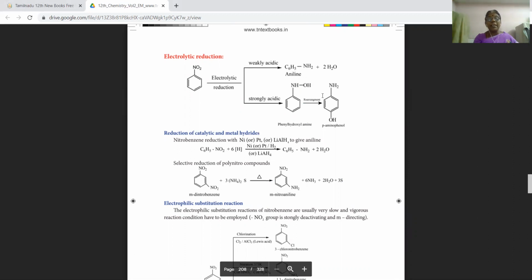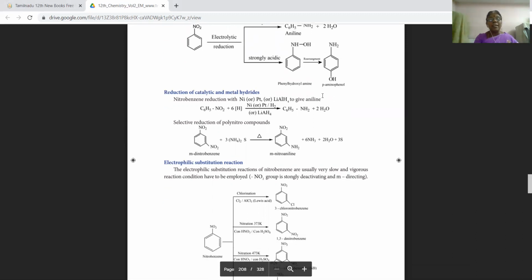Selective reduction of polynitro compounds. Suppose you are taking meta-dinitrobenzene, if it is treated with (NH4)2S, then you will get meta-nitroaniline, that is NO2, and at the alternate position we get the NH2, along with ammonia, water and sulfur.